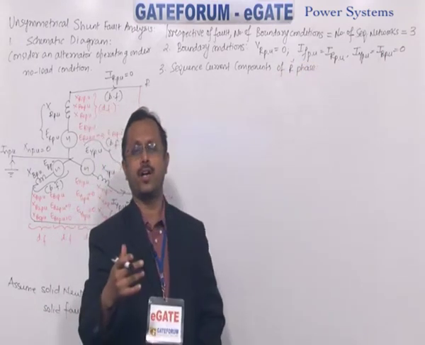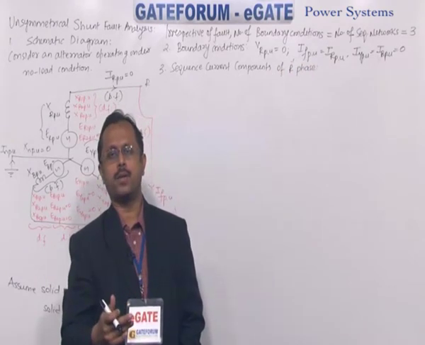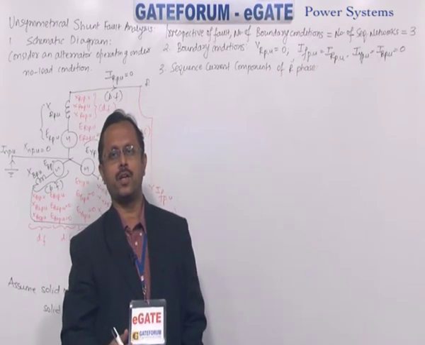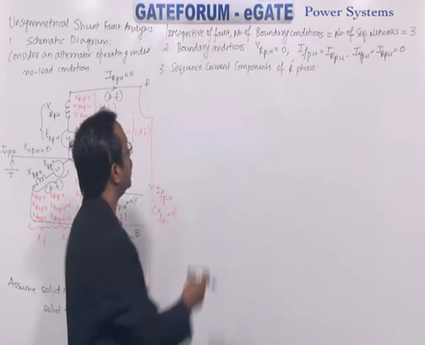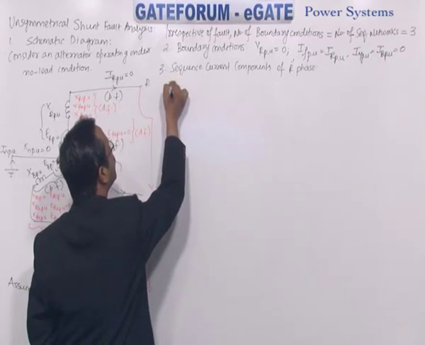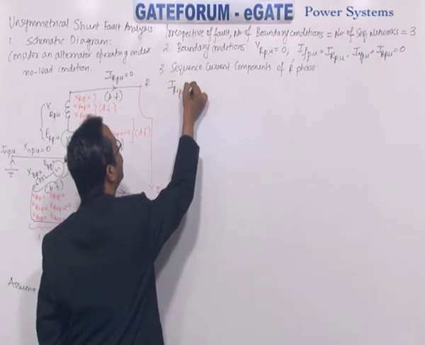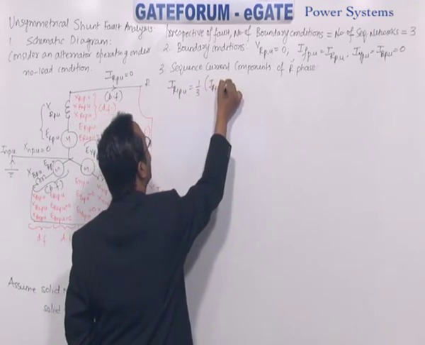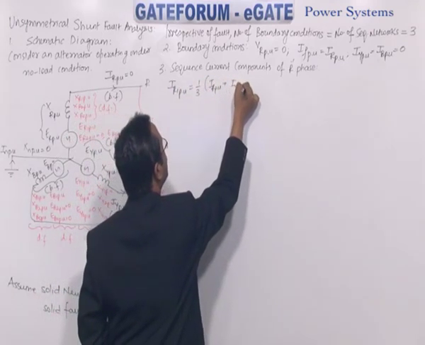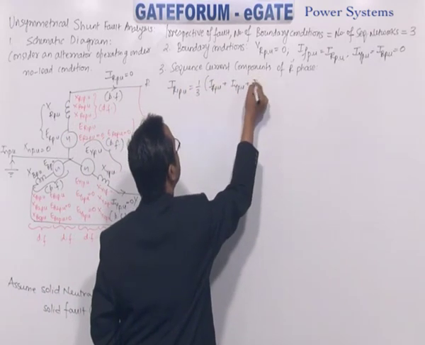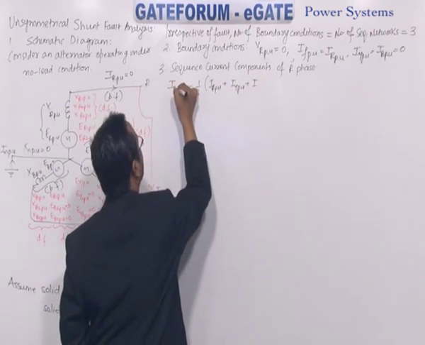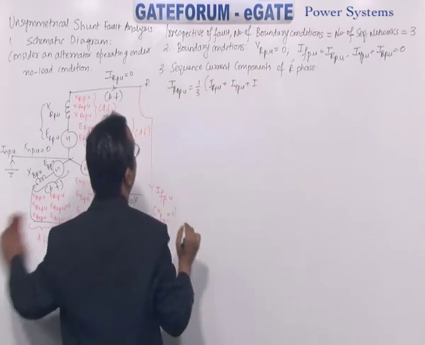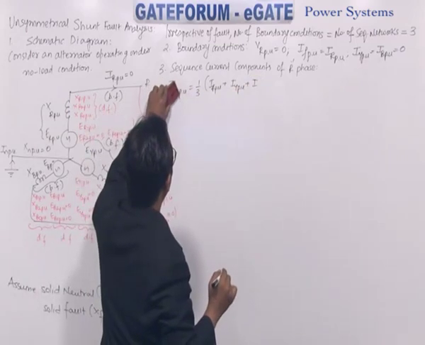That is, we have to find IR1 per unit, IR2 per unit, IR0 per unit. So how to find IR0 per unit? 1 by 3 times IR plus IY plus IB per unit.